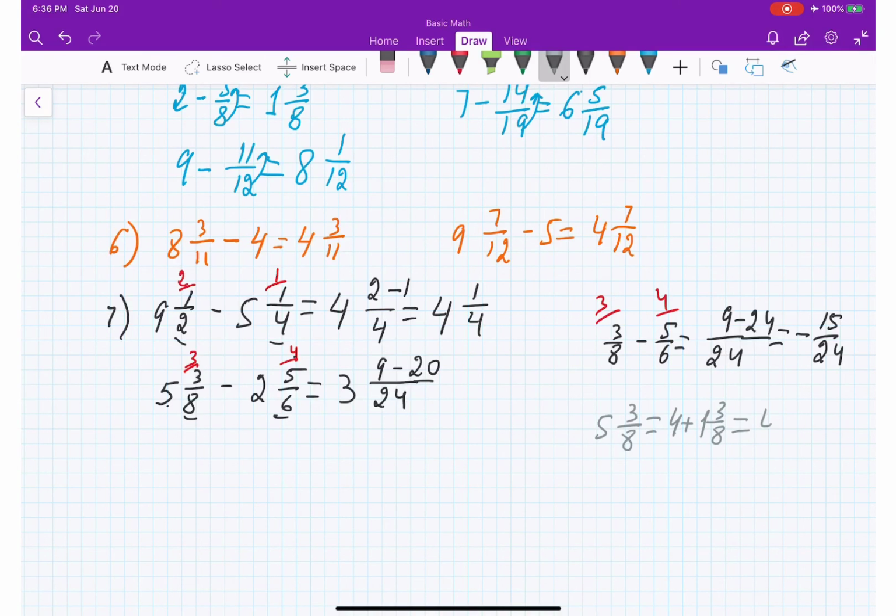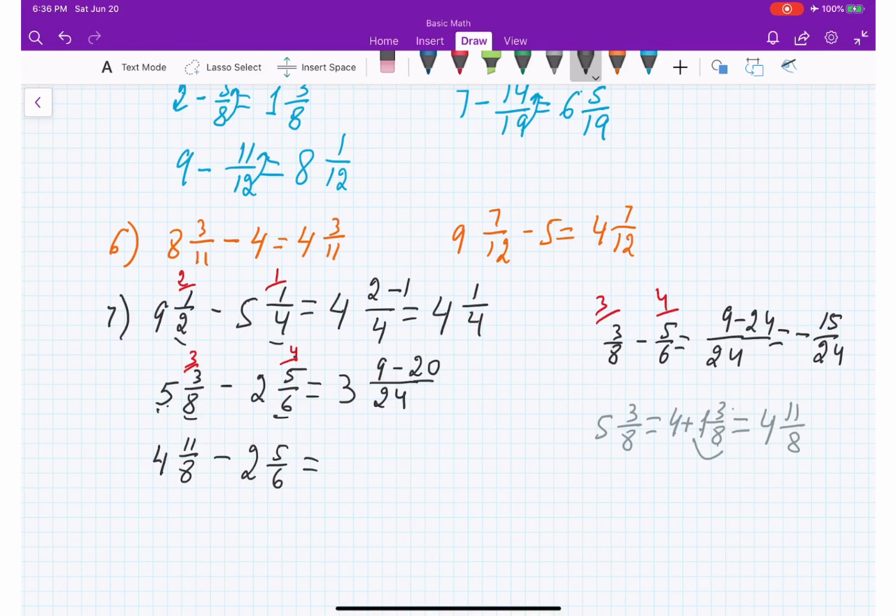So I will get 4 and convert the 1 and 3 over 8 into an improper fraction. I multiply 1 times 8 is 8 and plus 3 is 11. 11 over 8. Okay, back to my problem. 4 and 11 over 8, which is the same as 5 and 3 over 8, minus 2 and 5 over 6. Okay?